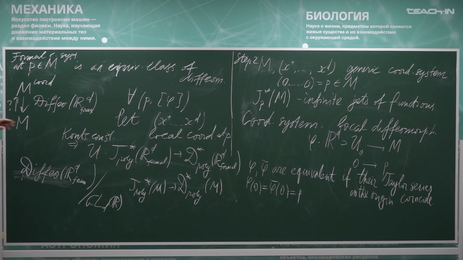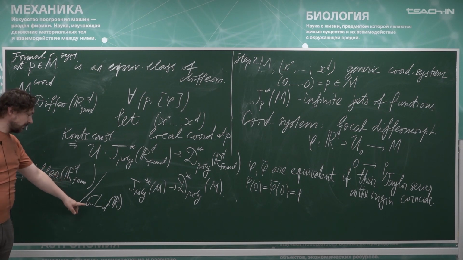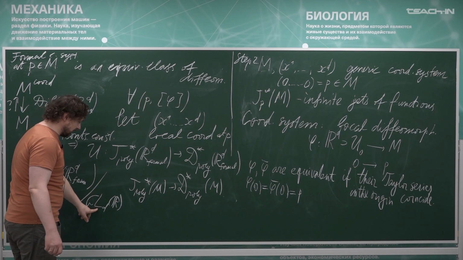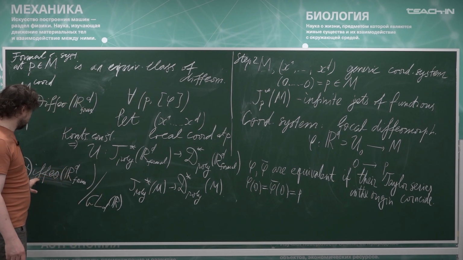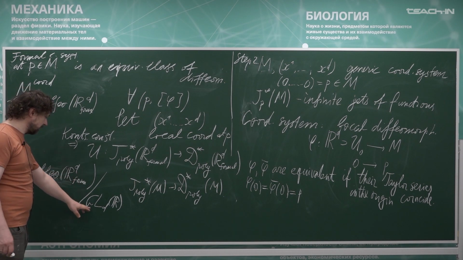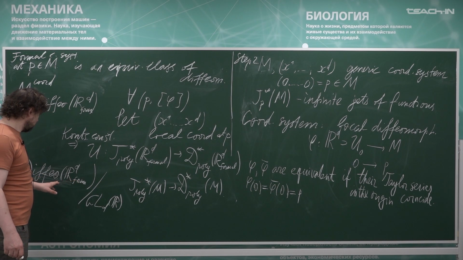Then it will turn out that this was the only non-trivial part of this fiber bundle. After quotienting out the action of the general linear group, of course, every linear diffeomorphism of R^D involves a formal diffeomorphism of R^D, and hence we can consider this GL_D as a subgroup in diffeomorphisms.